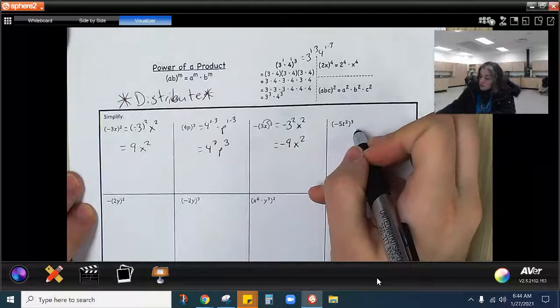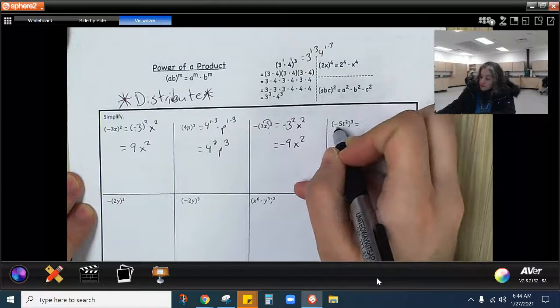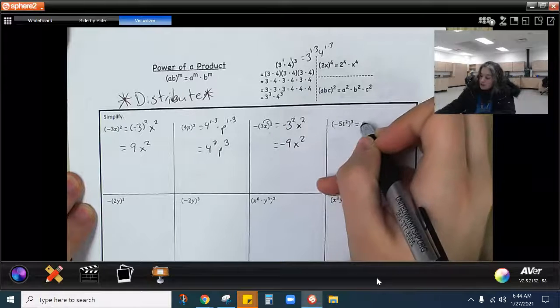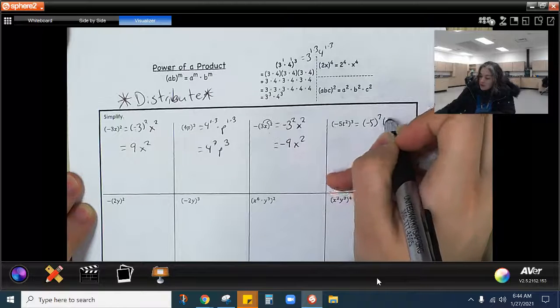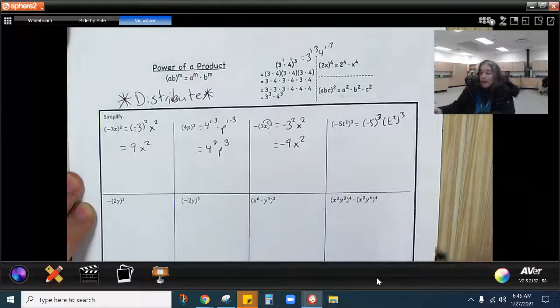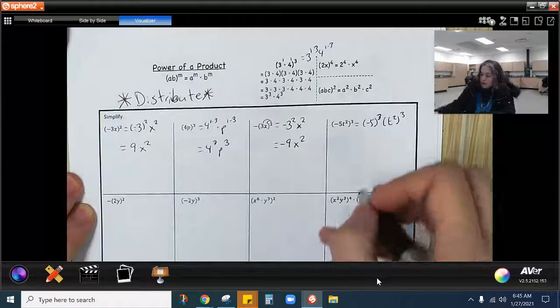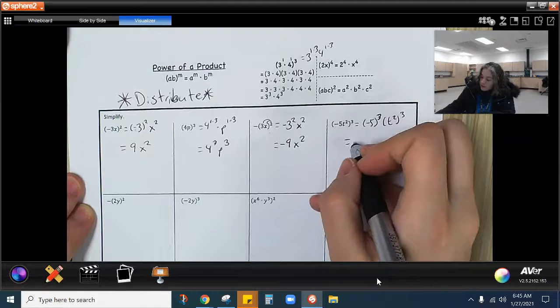All right, let's try this one next. So for this one, we've got a negative 5t squared raised to the third power. So this is really negative 5 raised to the third power, and then t squared raised to the third power. And you'll notice we have to use that power rule next, right, where this is being raised to a power.